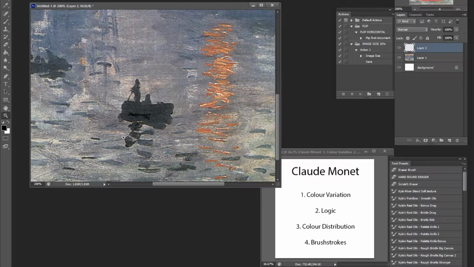So this is naturally done in a lot of traditional work because with traditional work, the brushstrokes are forcing you. Every little bristle has an individual color, and putting that brush on the canvas will naturally create variations of color.